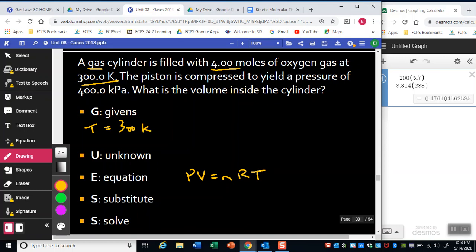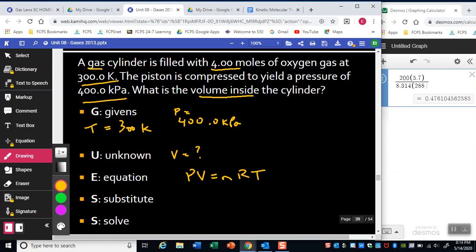How nice. A piston is compressed to yield a pressure of P equals 400.0 kilopascals. What is the volume inside the cylinder? So that's my unknown. I'm trying to find the volume.